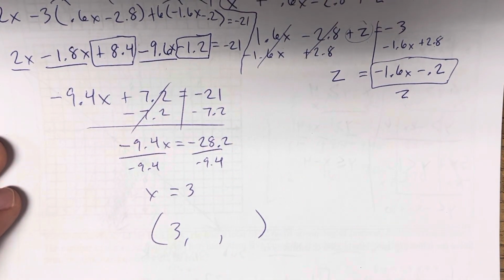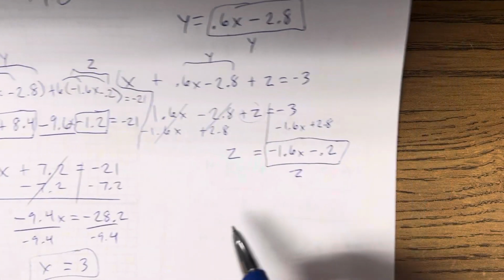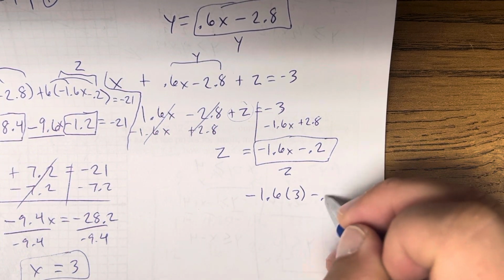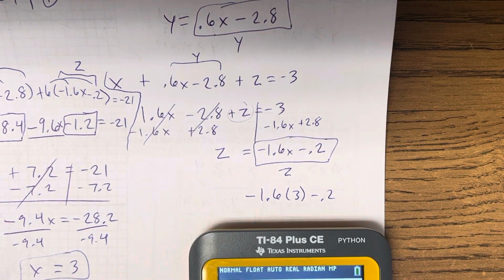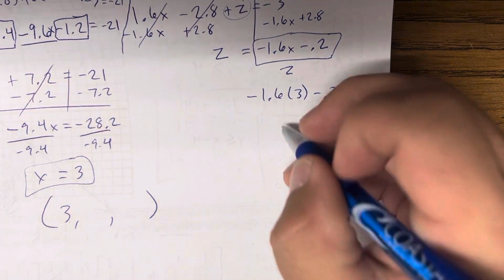So my x value is 3, and now to find my y and my z, we'll plug in this 3 into my other equations. So for this one, negative 1.6 times 3 minus 0.2. Just put in my calculator, negative 5.